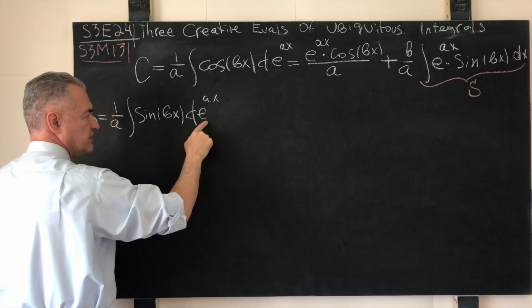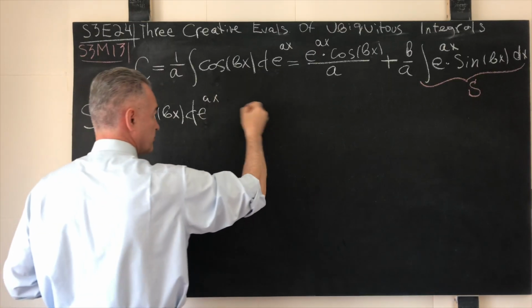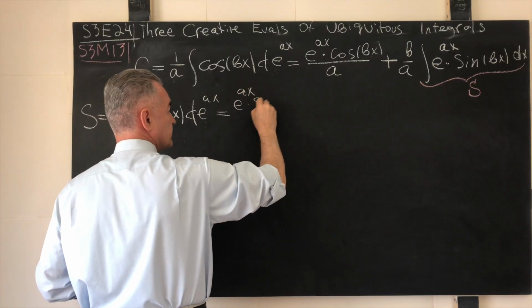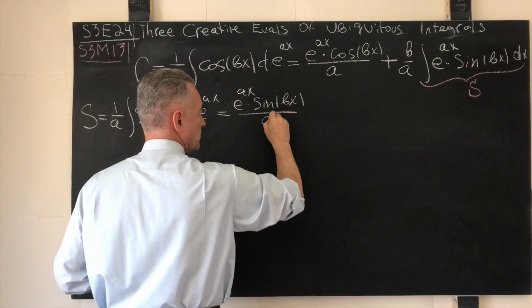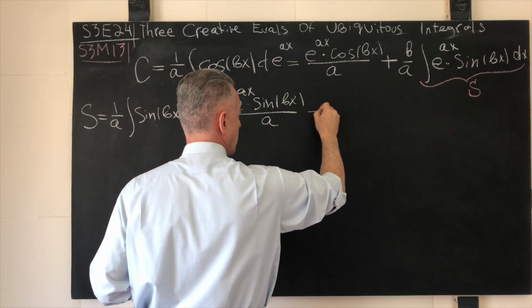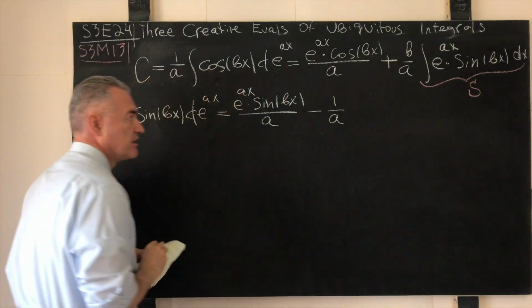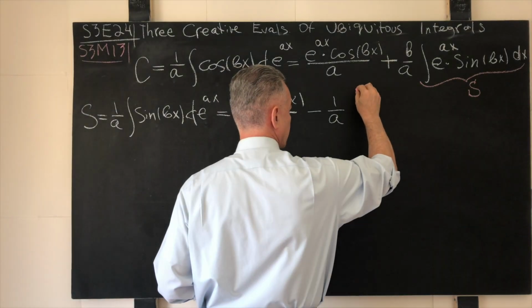Again, u dv is equal to uv minus v du, integral of. So we have e to the power ax times sine, this time, of bx divided by a minus 1 over a.